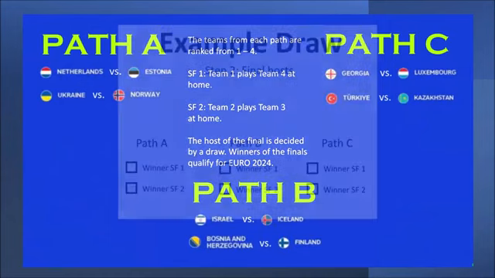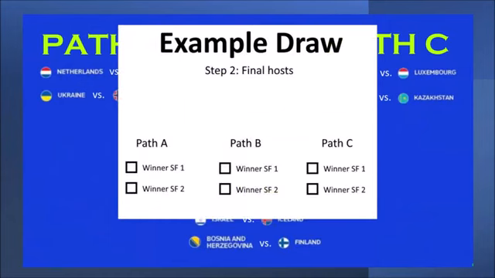Like I said, the second step of the draw would be to draw which team will host the final, or rather the winner of which semifinal, because the teams are not known. Of course, the draw will be held in 2023, while the playoffs will be held in March of 2024.